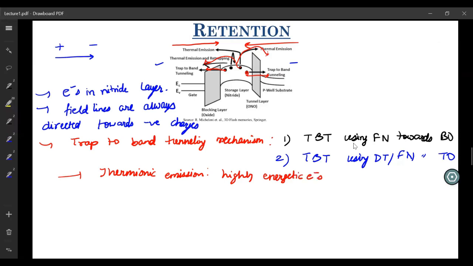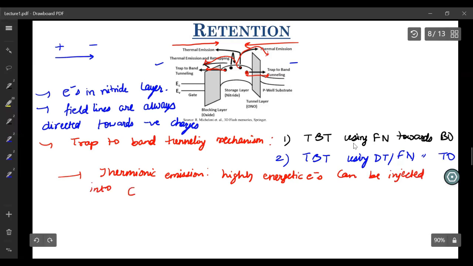Through collisions in the nitride layer itself. So highly energetic electrons can be injected into your control gate or your substrate. How? If their energy is greater than the barrier height.